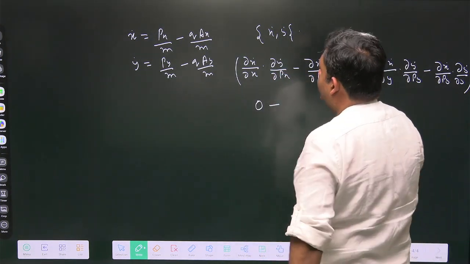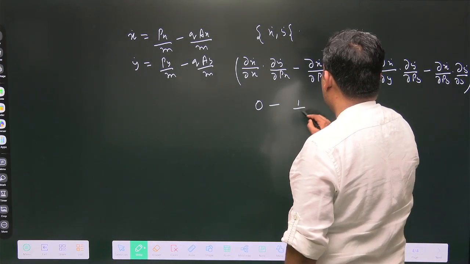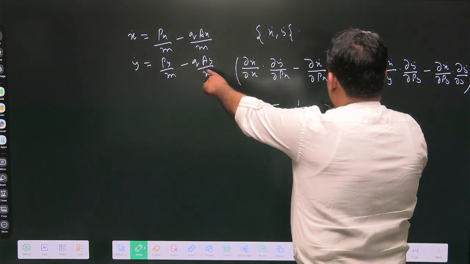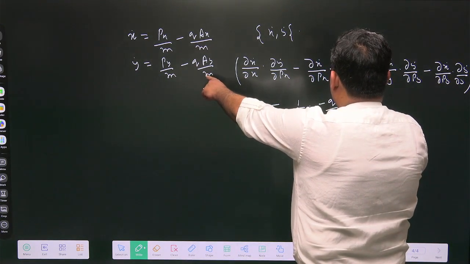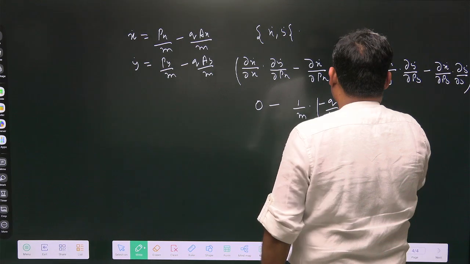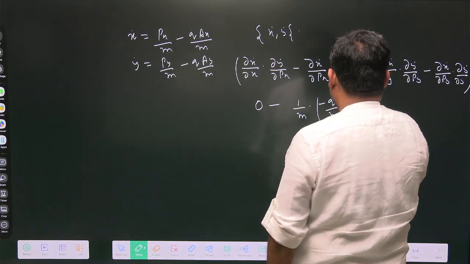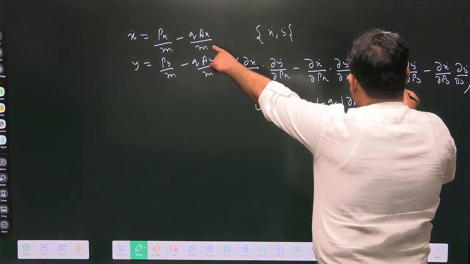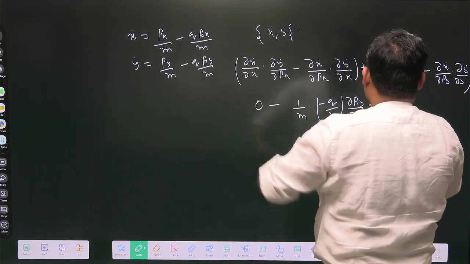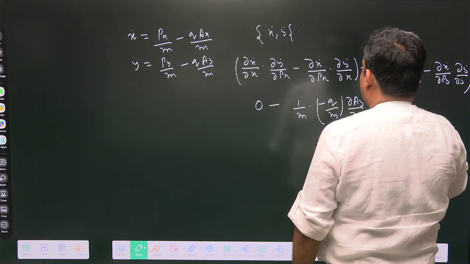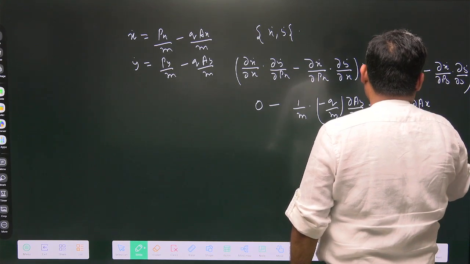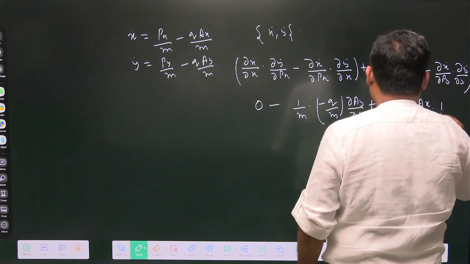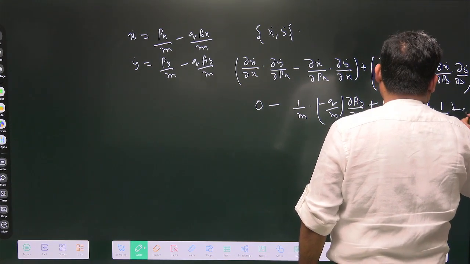∂ẋ/∂px is equal to minus 1 upon m, and ∂ẏ/∂x is minus q upon m times ∂Ay/∂x, and plus ∂ẋ/∂y, which is equal to minus q by m ∂Ax/∂y, and ∂ẏ/∂py is equal to 1 upon m, and the next term is 0.